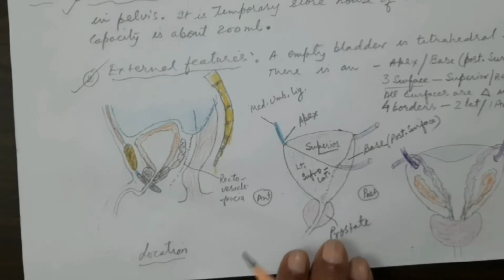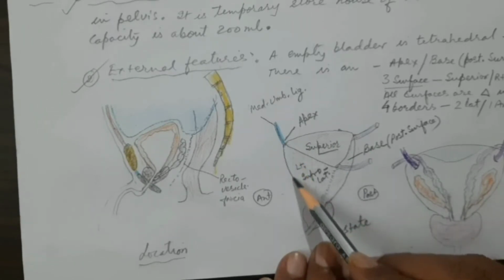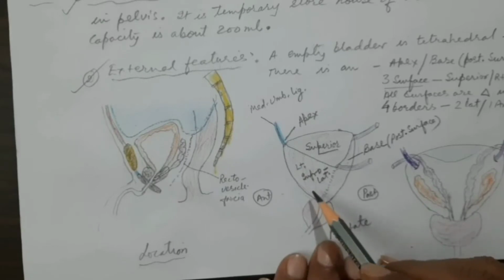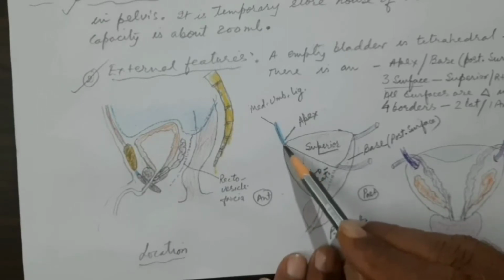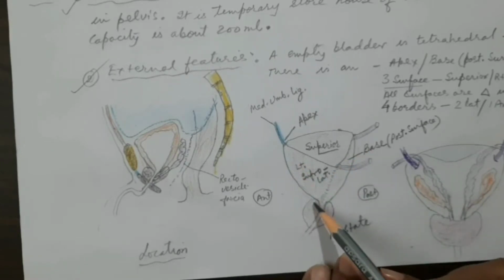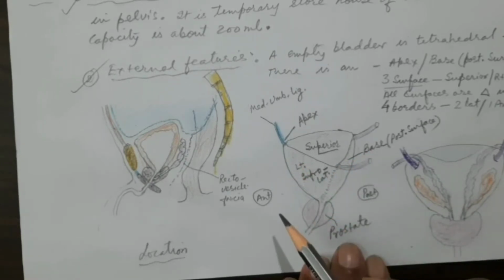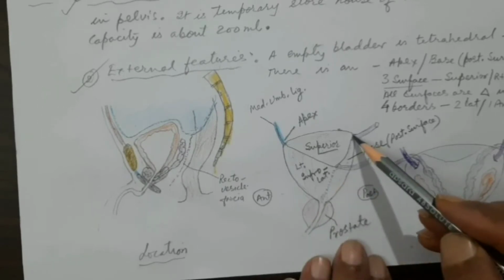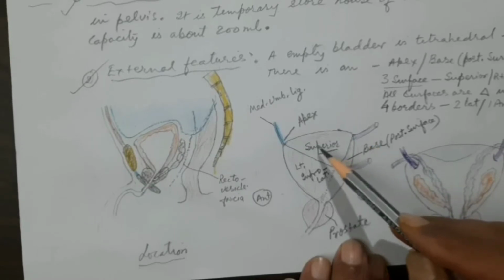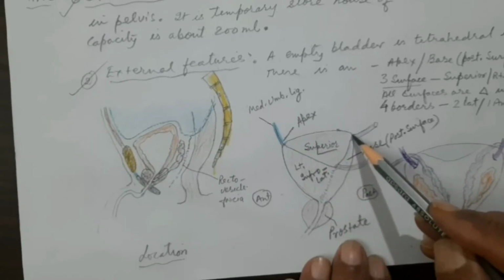And then there is one border which is going from the apex towards the neck. See here in the midline, which is near the median plane or exactly in the midline. This border is called the anterior border, and sometimes the antero-inferior border. Then there is one posterior border. This border, see this, is the posterior border, which is limiting the superior surface.